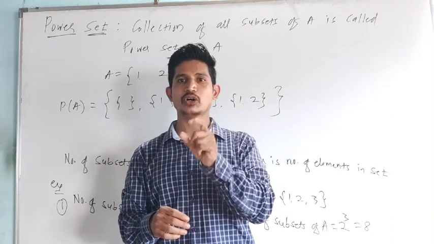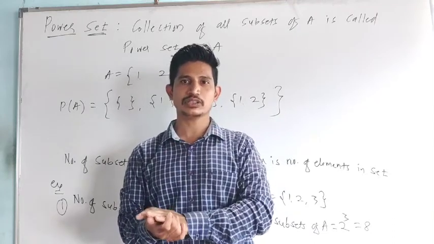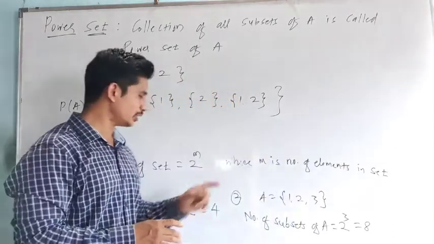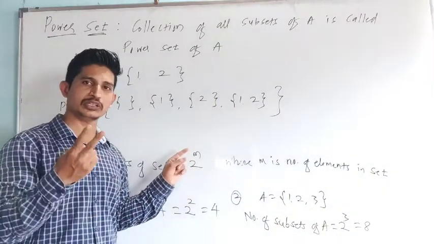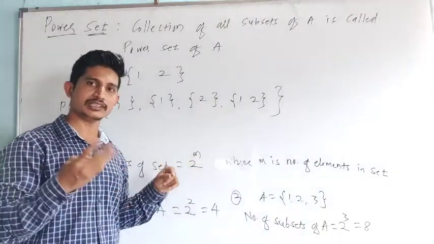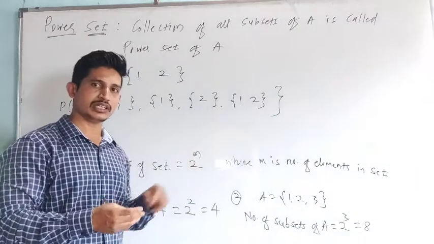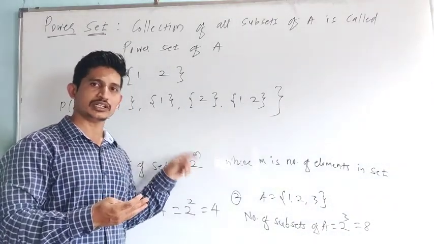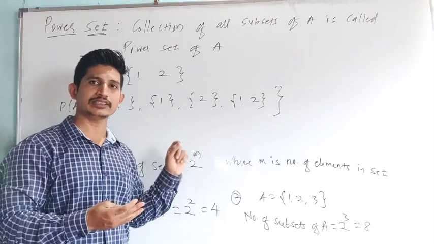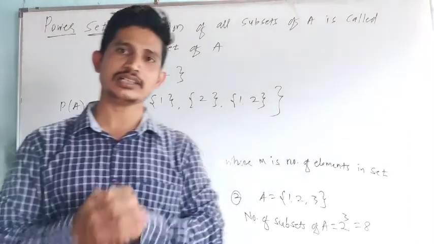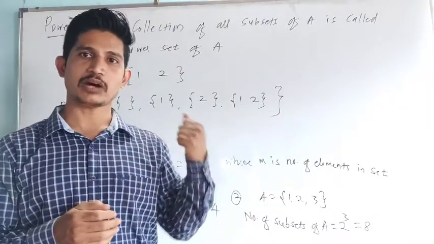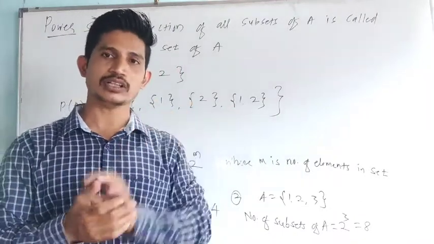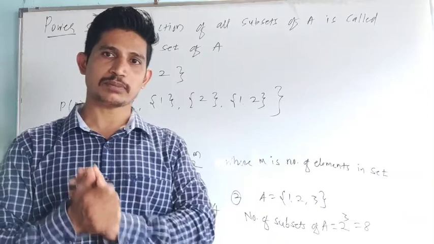You can calculate how many subsets there are. So the formula is what here? 2 raised to m. Depending on the elements, we can write how many subsets there are. Got it now? And the power set is what here? The collection of all these subsets is called the power set.